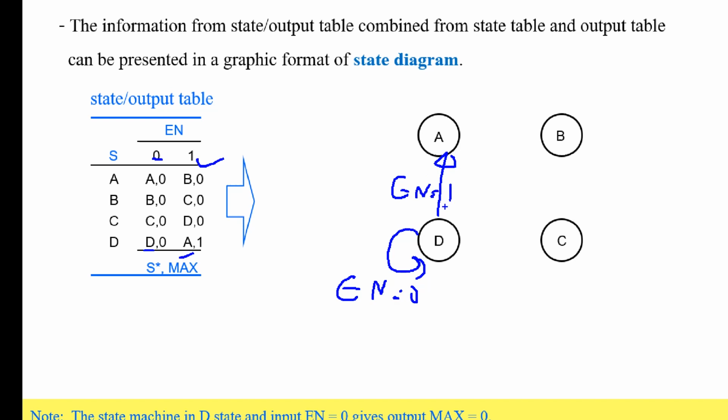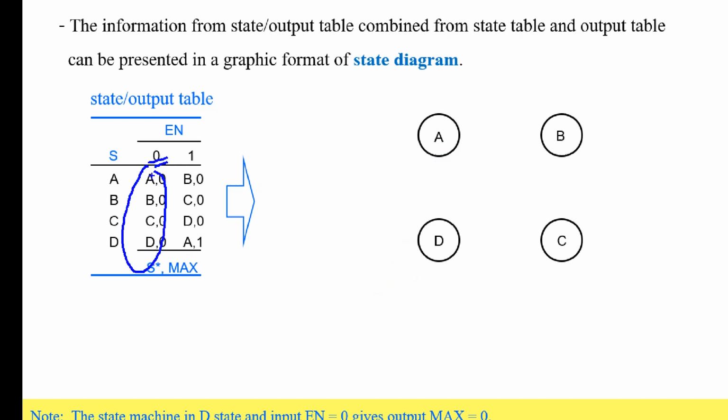For this example, it's very easy. When en is 0, it keeps the same state, right? But when input is 1, it goes to the next state in order A, B, C, D.